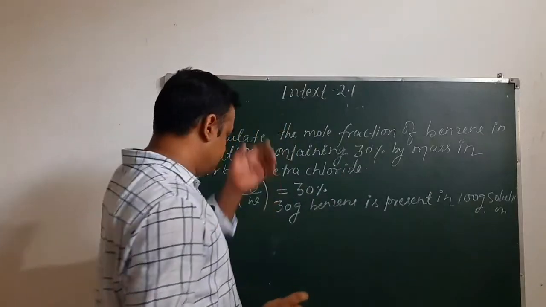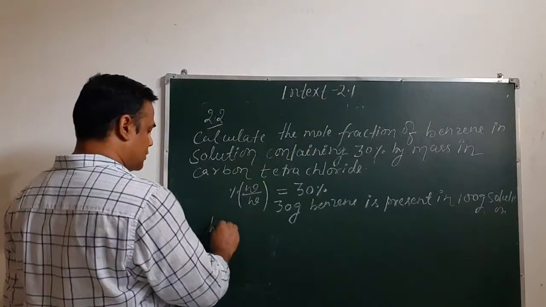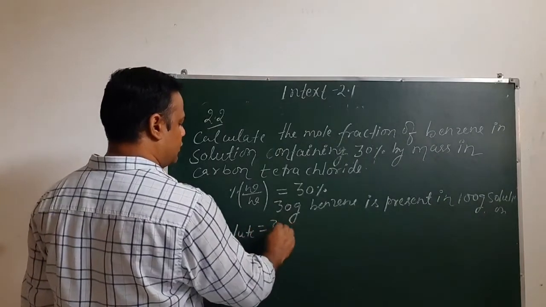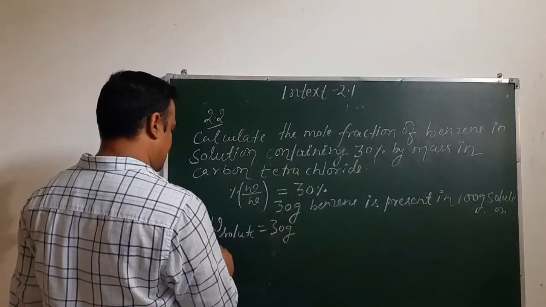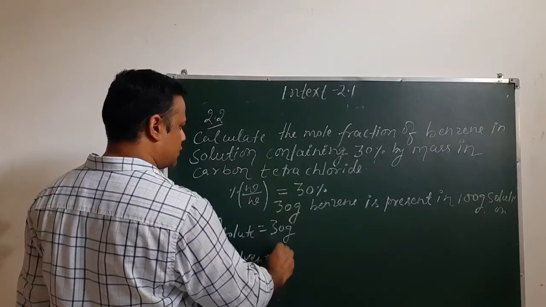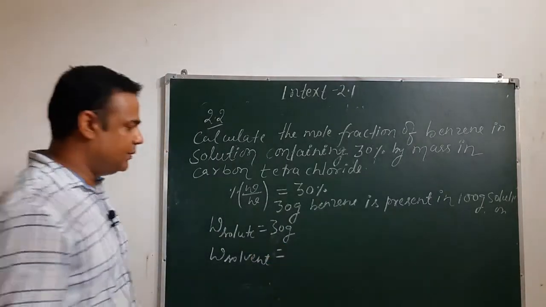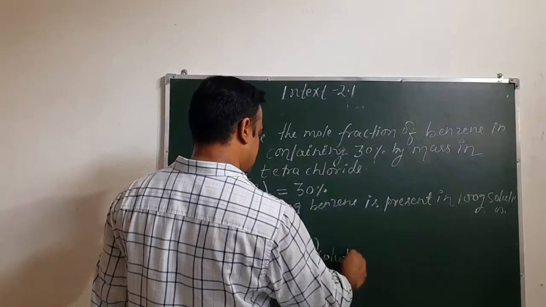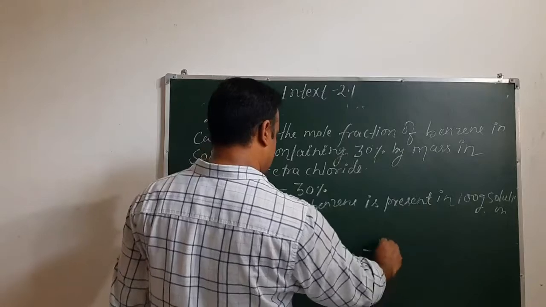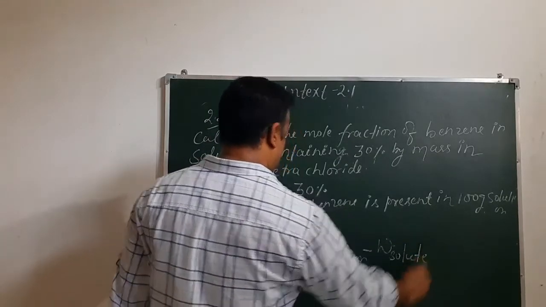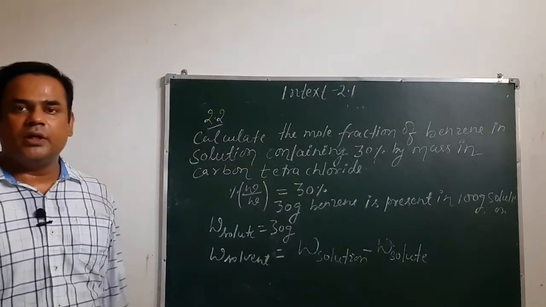So we can write here mass of solute will be equal to 30 gram, and mass of solvent will be mass of solution minus mass of solute. What is mass of solution according to the question?